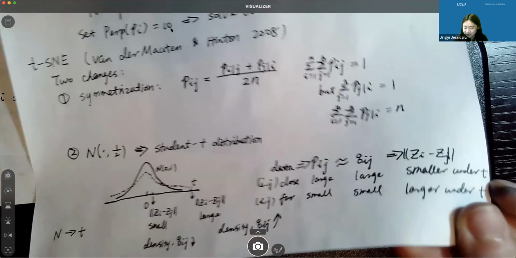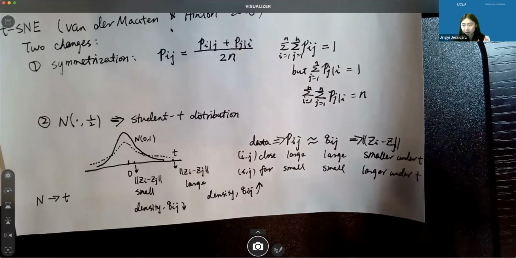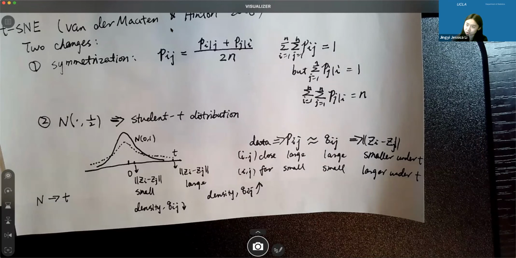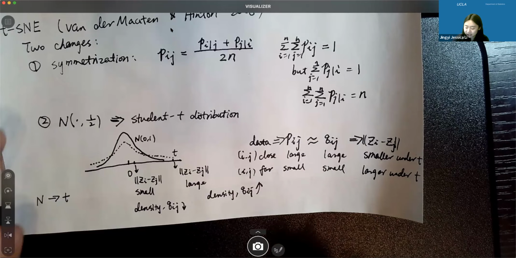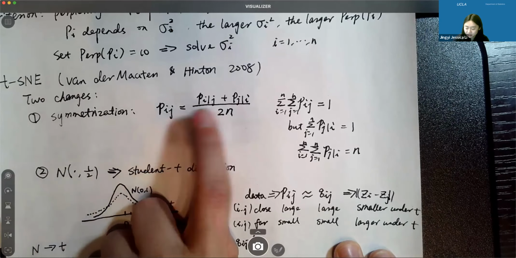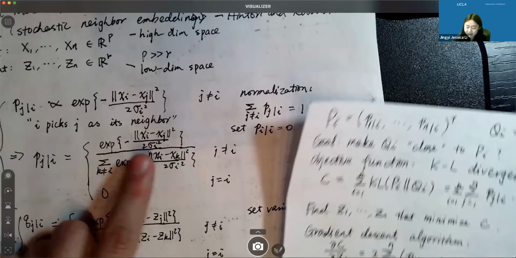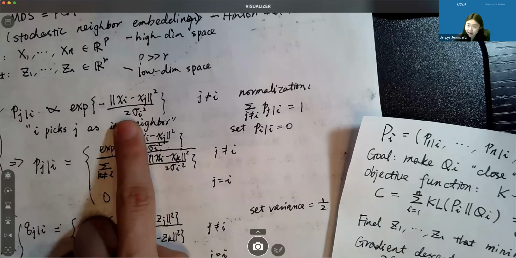But the basic idea is still trying to preserve some local structure from the high dimensional space in the low dimensional space. So their perspectives are very different from PCA and MDS, because PCA just preserves the global variance, so it's a global perspective. While in t-SNE, you see this kind of density, and we know the Gaussian density has a very light tail.